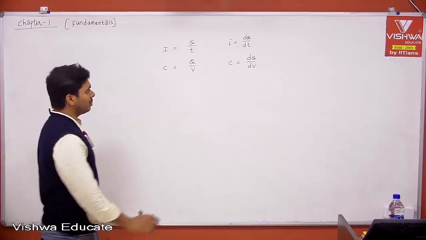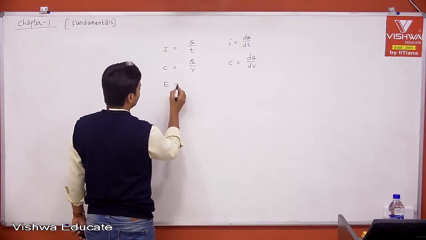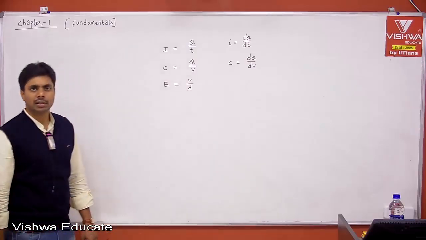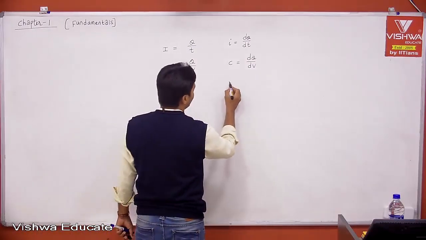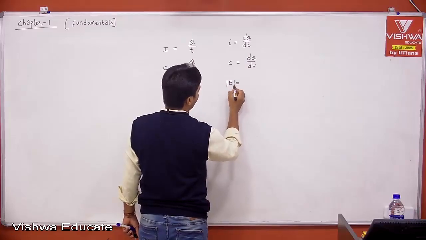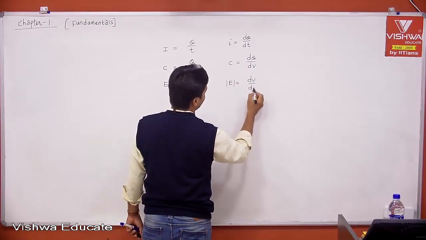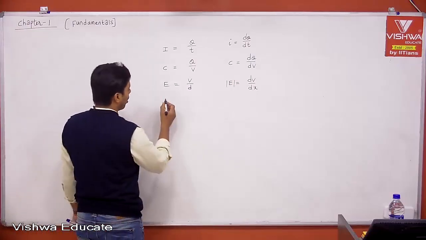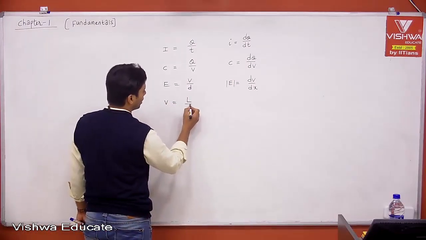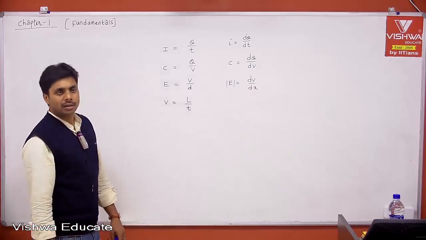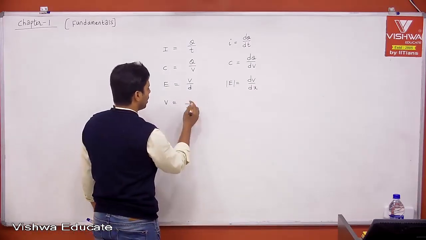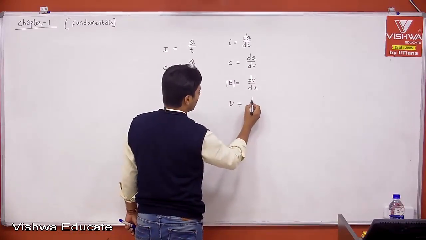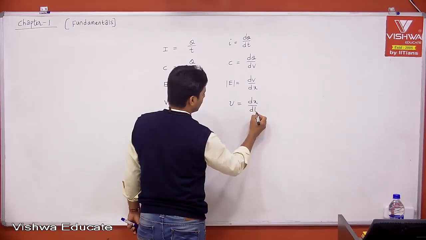Sometimes people define electric field E is equal to V divided by D or L, and sometimes, taking only the magnitude, E is equal to dV by dx. Sometimes people define velocity V is equal to distance by time, and sometimes velocity is equal to dx by dt.